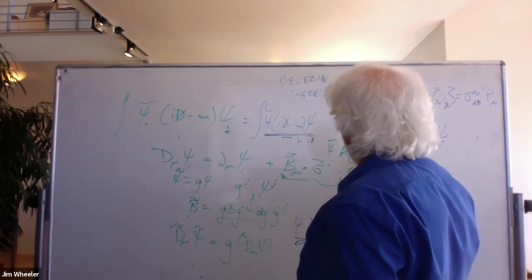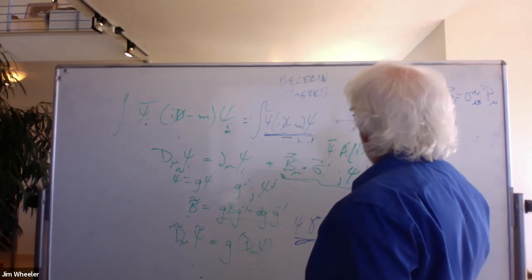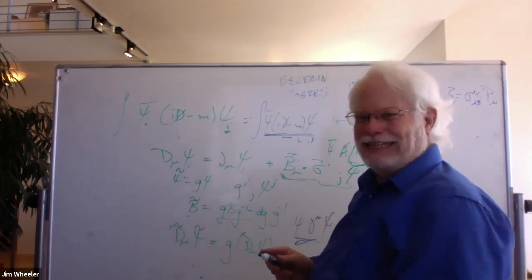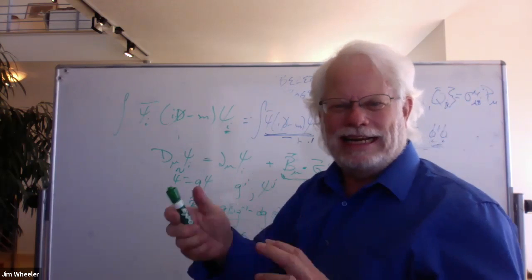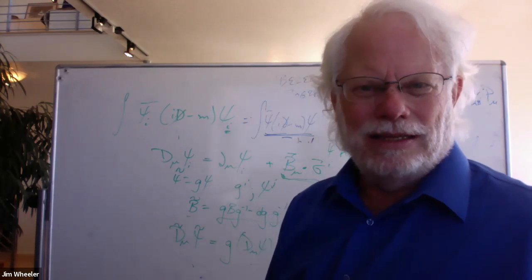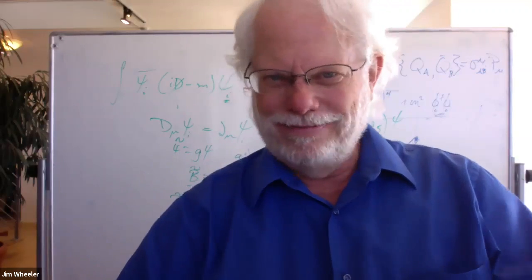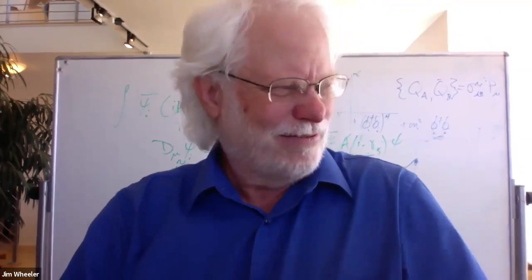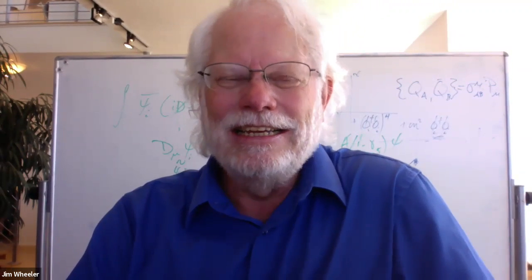There's actually a 1 minus gamma 5 in here, and that makes the left and right-handed interactions different for the weak interaction. Oh, fascinating. But that was discovered back in the 50s or 60s, was it?